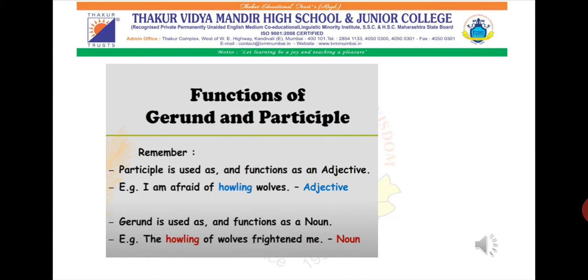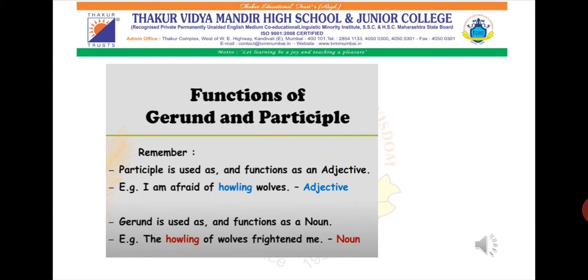I hope you all understood the difference between gerund and participle. Now we shall study the function of gerund and participle. As I mentioned earlier, participles work as a verbal adjective while gerunds function as a noun. We shall see the first example. I am afraid of howling wolves.